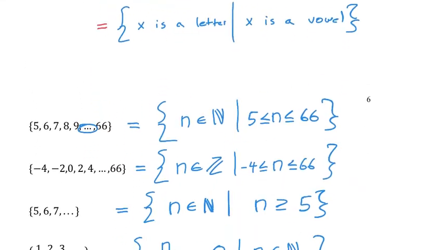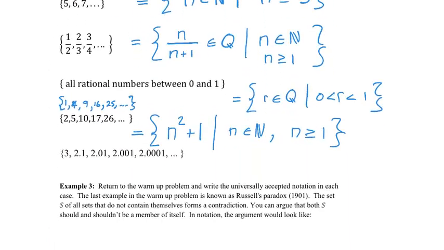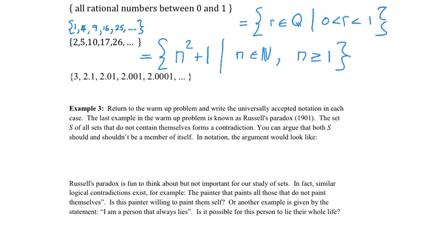If I had instead written Z here, it would be okay because you're still having the condition that it's between 5 and 66. But I think it's just a little nicer to restrict it more so you already know that you're talking about positive integers as soon as you read that first part. So there's a matter of taste, at least a little bit, when you're writing down these sets. Okay, one more example.